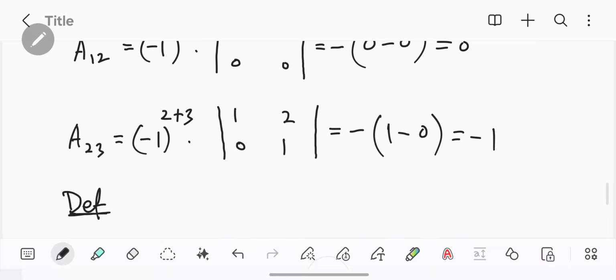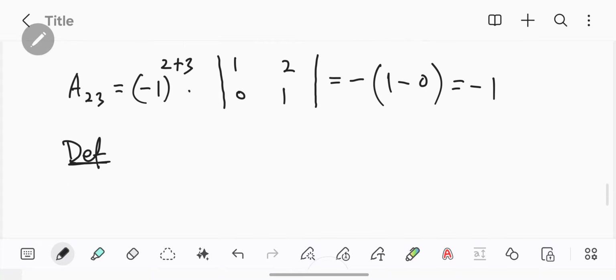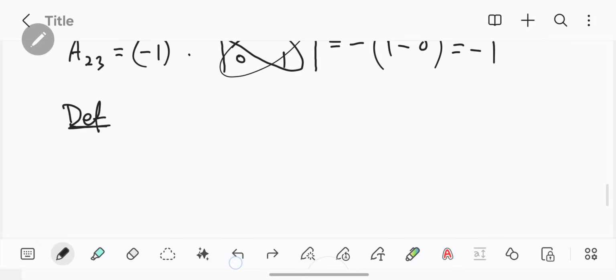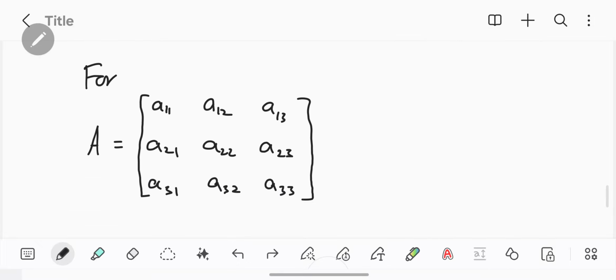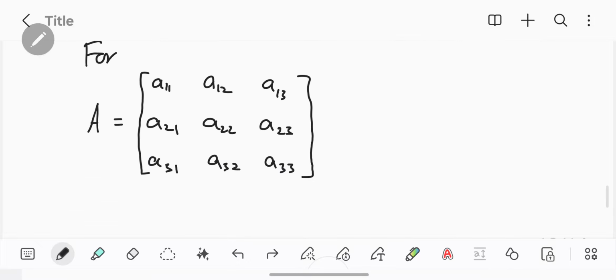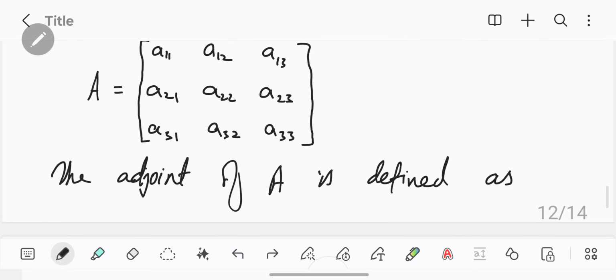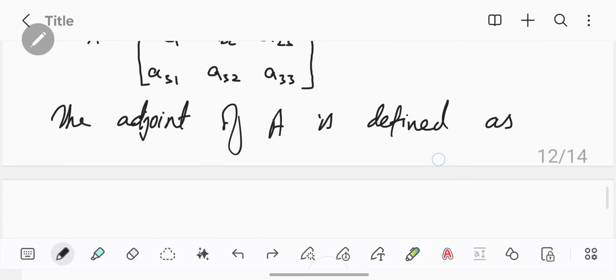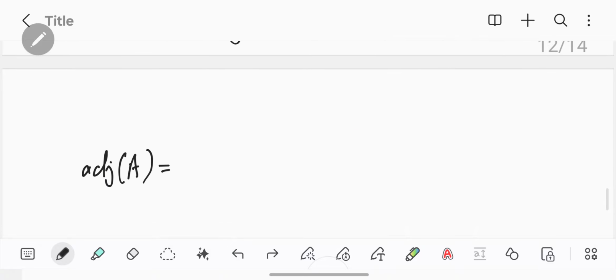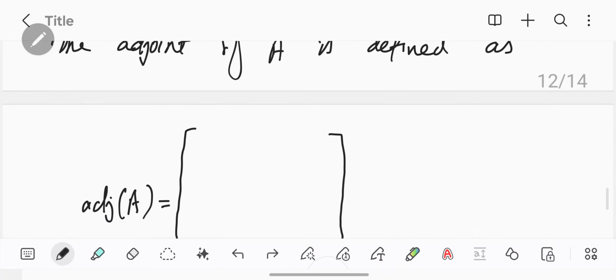So once we understand how to find the cofactors, then we can define the adjoint of a matrix. For example, you are given a matrix A. Usually we will take a 3 by 3 matrix. Then the adjoint of A can be defined as a matrix in which we write all of the cofactors.